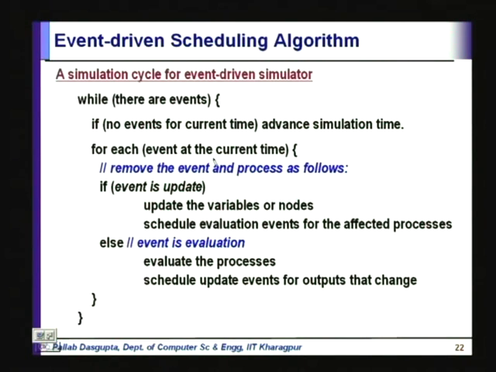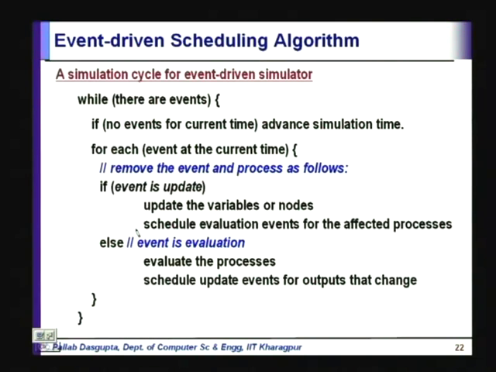And then for each event at the current time, remove the event from the event queue and process as follows. If event is update, then update the variables or nodes and schedule evaluation events for the affected processes. So, this is what we understood by the update events, that they update the variable values and then schedule the evaluation of all the affected processes.